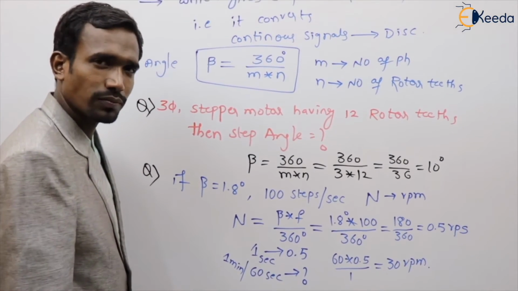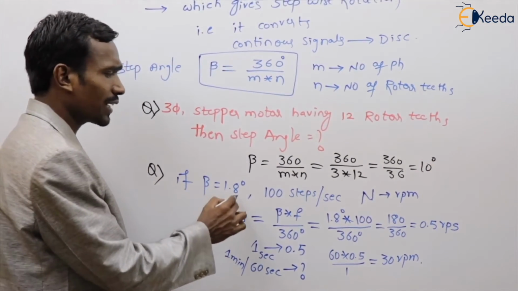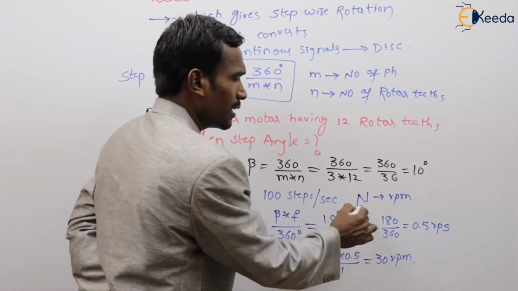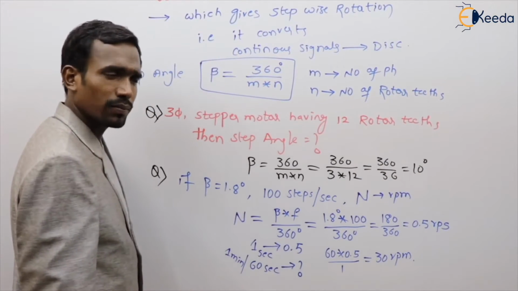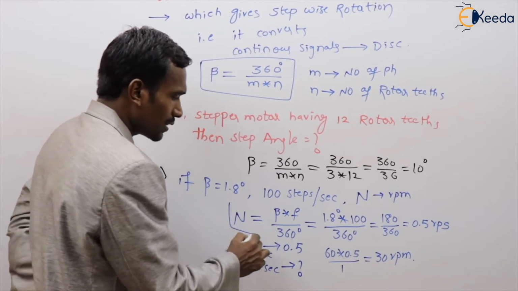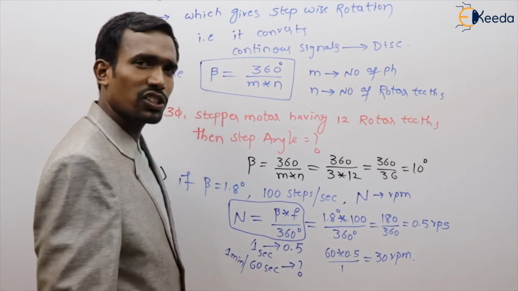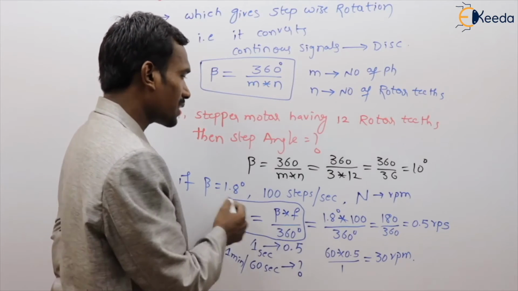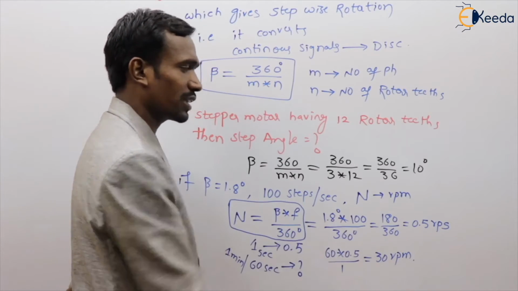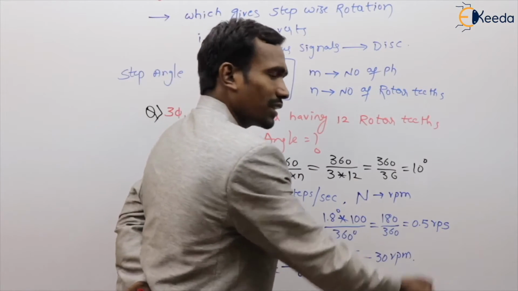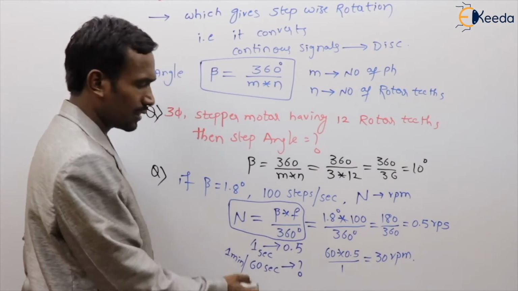Previous question: listen, beta is given, 100 steps per second is given, then find the speed in RPM. The formula is the speed n is equal to beta into f by 360 degrees. Beta is the step angle, f is the frequency. 180 by 360 is 0.5 revolutions per second.